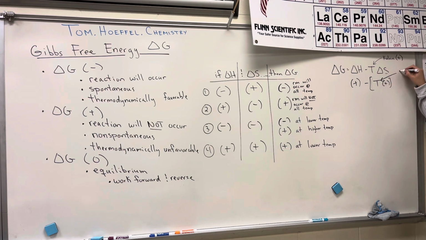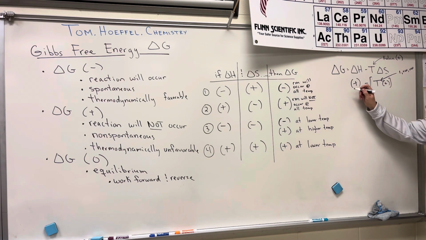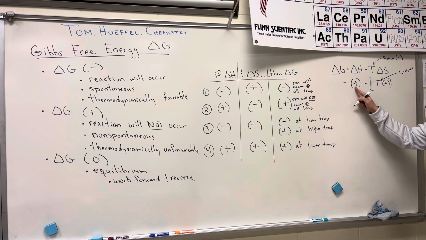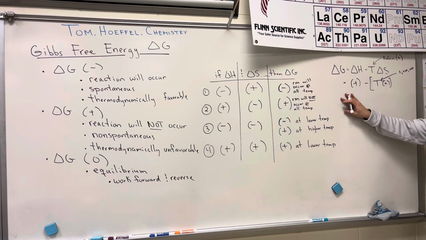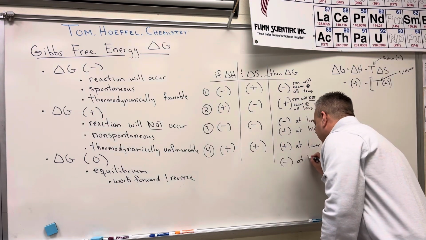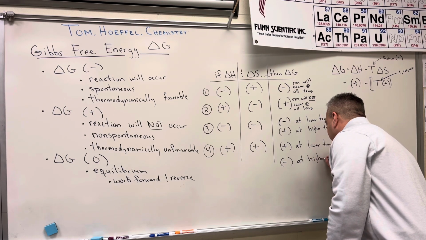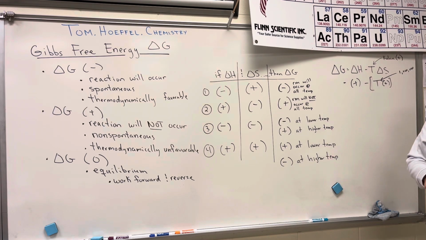If this temperature becomes 1 million, well, this term is going to be larger than this term. And if this is like 100 minus like 1 million, you're going to end up with a negative number for your delta G. So at the higher temperatures, this reaction will work, okay?